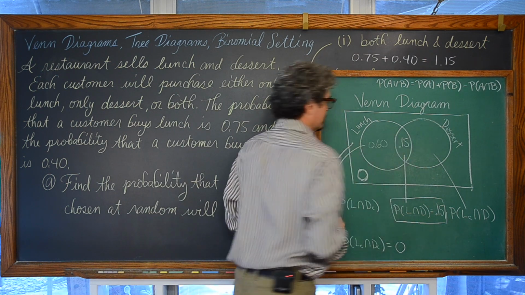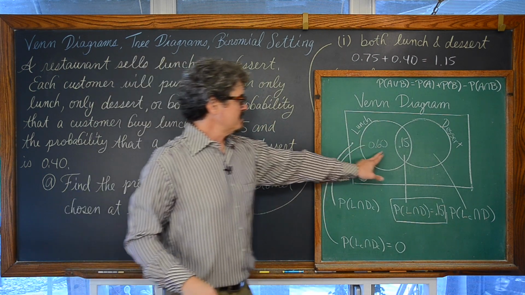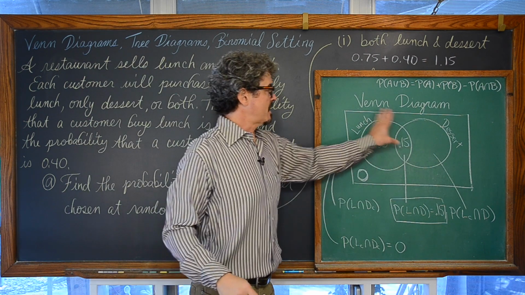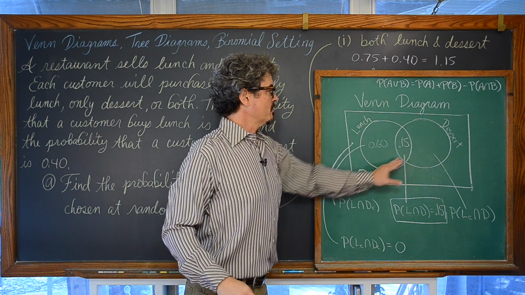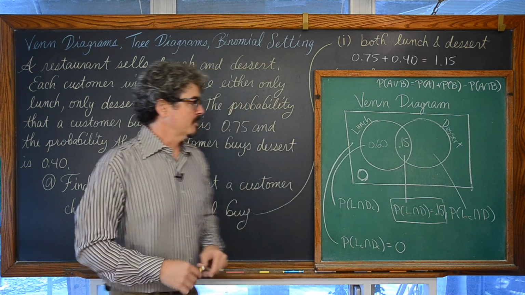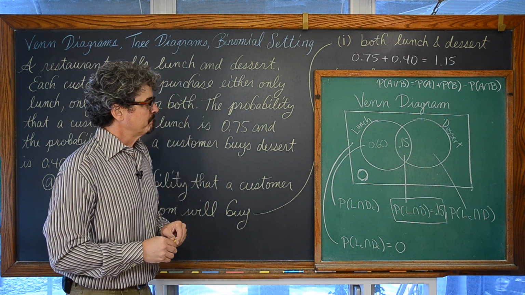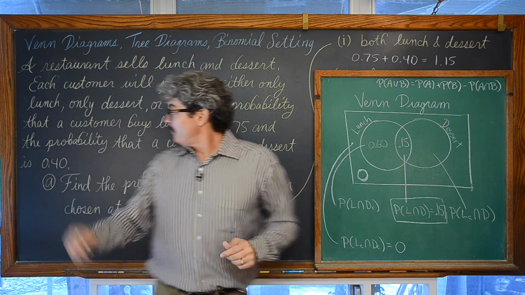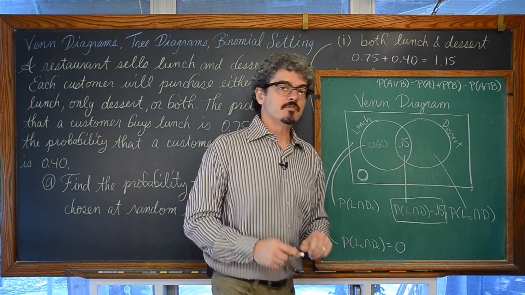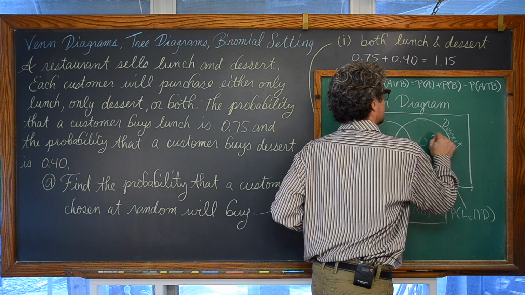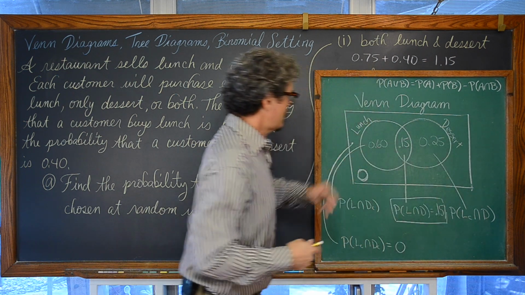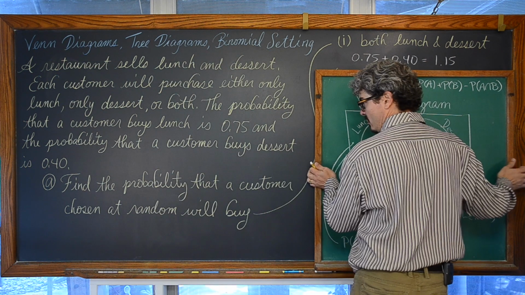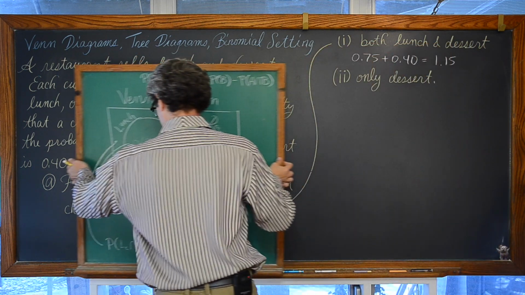I'd put a 0 there too, but I'm a little limited on space. So 0.6 plus 0.15 is that entire circle representing lunch in our Venn diagram, adding up to 0.75 probability. Dessert was 0.4. Take out the 0.15 and we have 0.25.